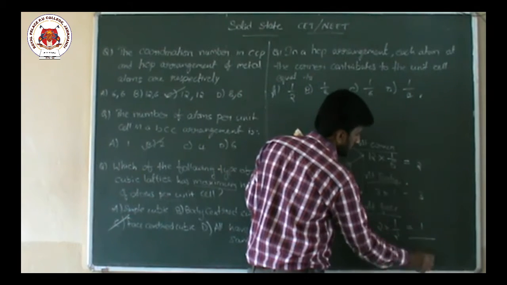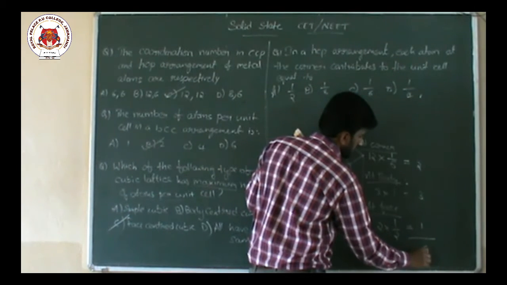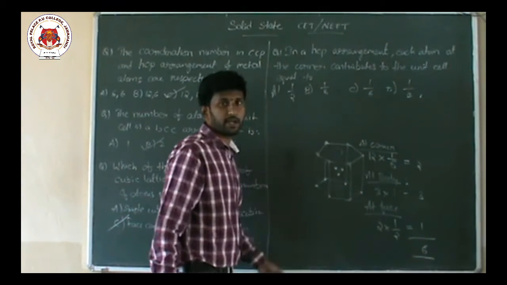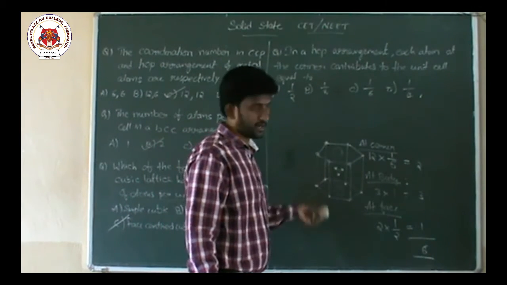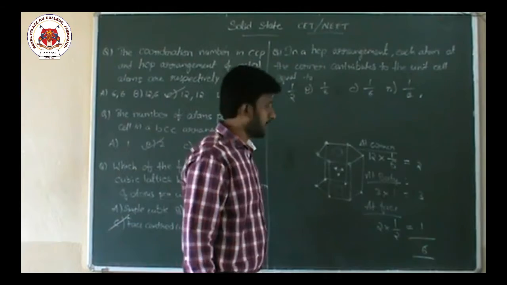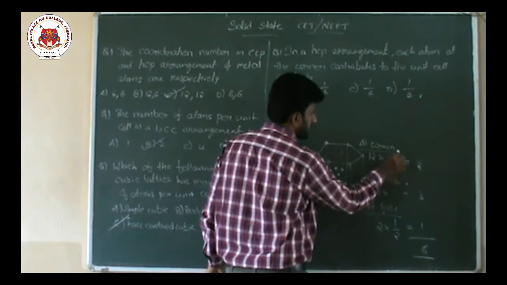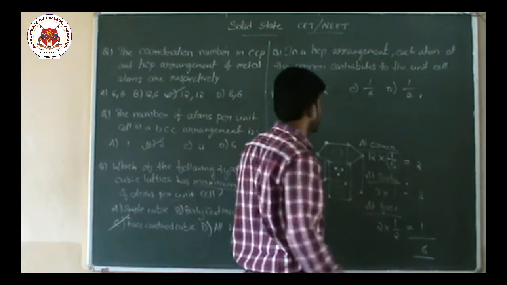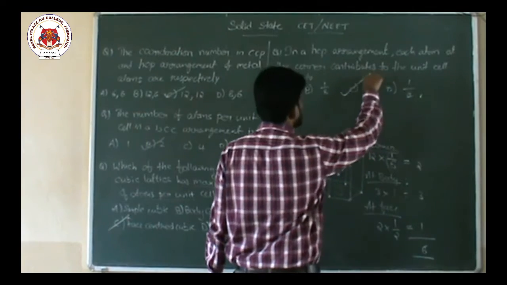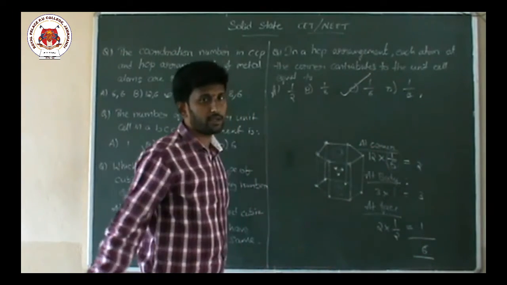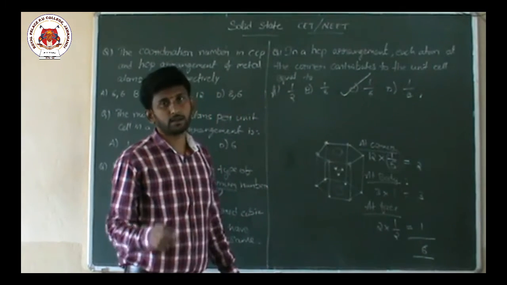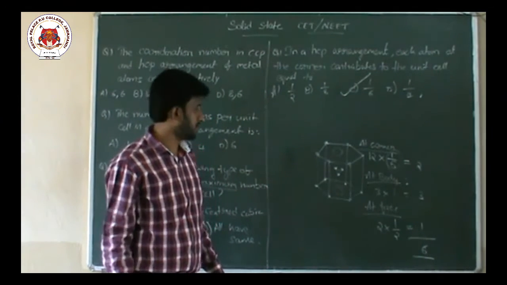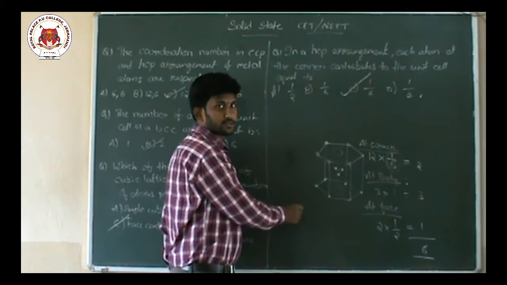So 3 plus 2 is 5, plus 1, 6. So in the HCP lattice, the total number of atoms per unit cell is 6. And what is the contribution of the atom at a corner? In HCP, the contribution of the atom at corners is 1 by 6. Next questions.